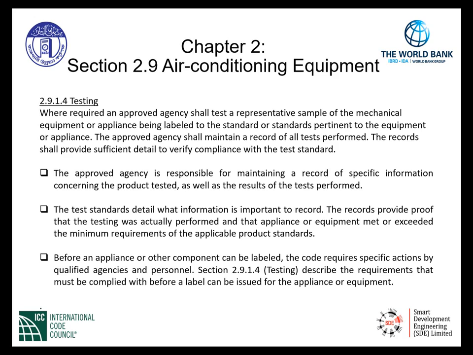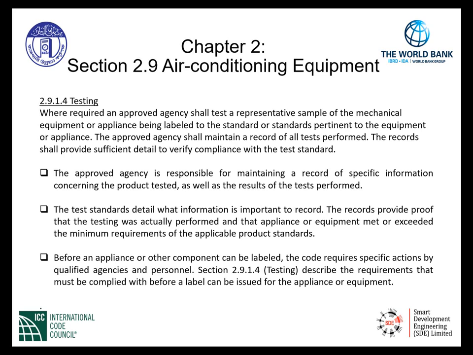Those specific tests have to be performed, and the approved agency is responsible for maintaining a record of these particular tests. The test standards detail what information is important to record.